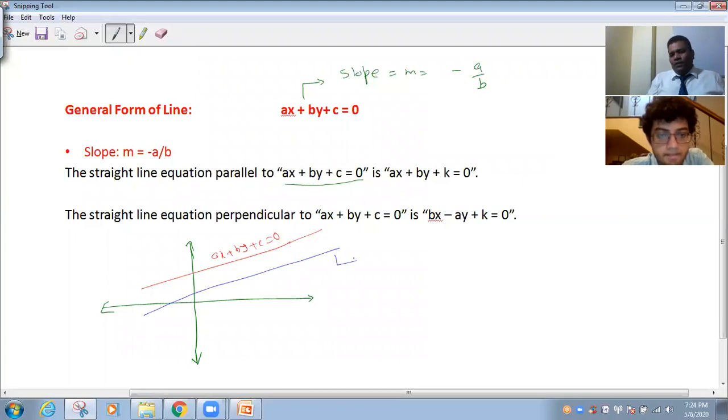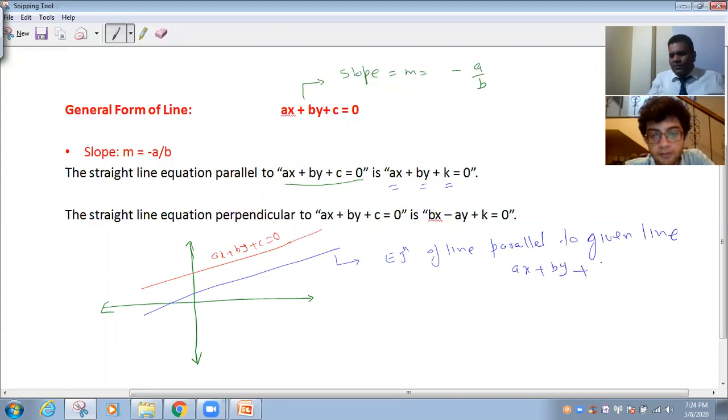So the equation of line parallel to given line: you keep the same thing, only change the constant term. So ax plus by, instead of c, put k. So these two lines are parallel. Right? Okay.